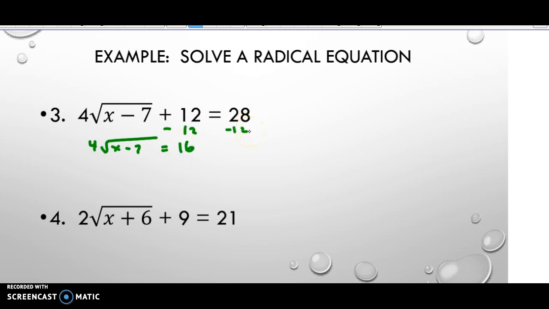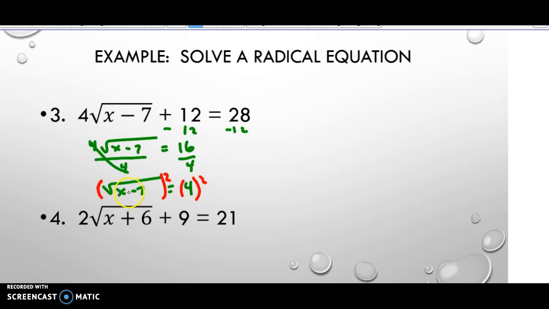And 28 minus 12 is 16. So now I'm going to undo this times 4. To undo that, I'm going to divide both sides by 4, which leaves me with radical x minus 7 equals 4. And now to get rid of my square root bar, I'm ready to square both sides.